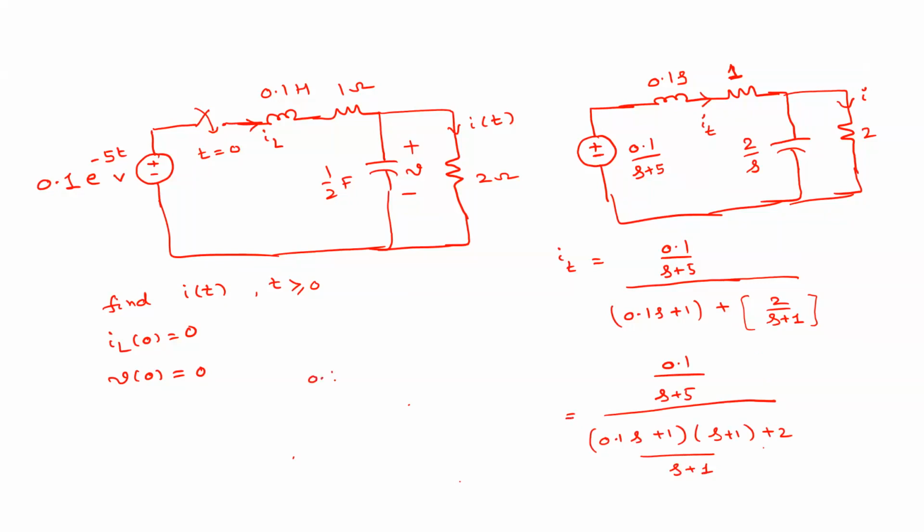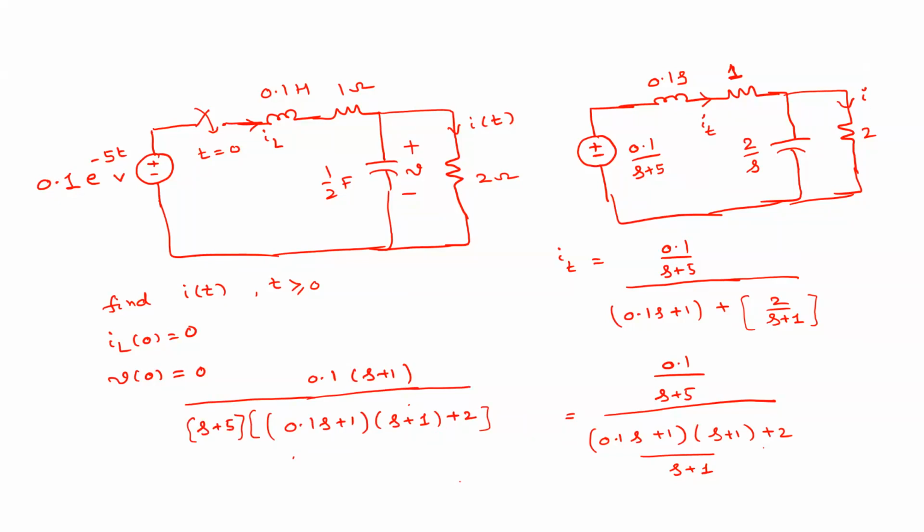That means it will be 0.1 into S plus 1 divided by 0.1 S plus 1 into S plus 1 plus 2. This entire thing we need to multiply with S plus 5. Don't solve this unnecessarily, sometimes terms may cancel. This is IT.